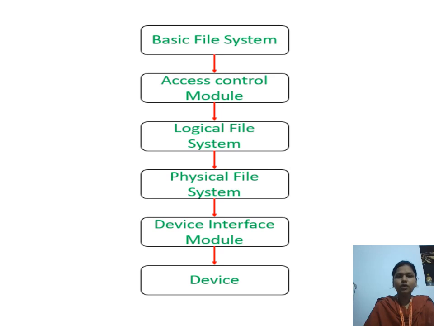These are also defined as the 6 stages we are going to discuss: basic file system, access control module, logical file system, physical file system, device interface modules, device.